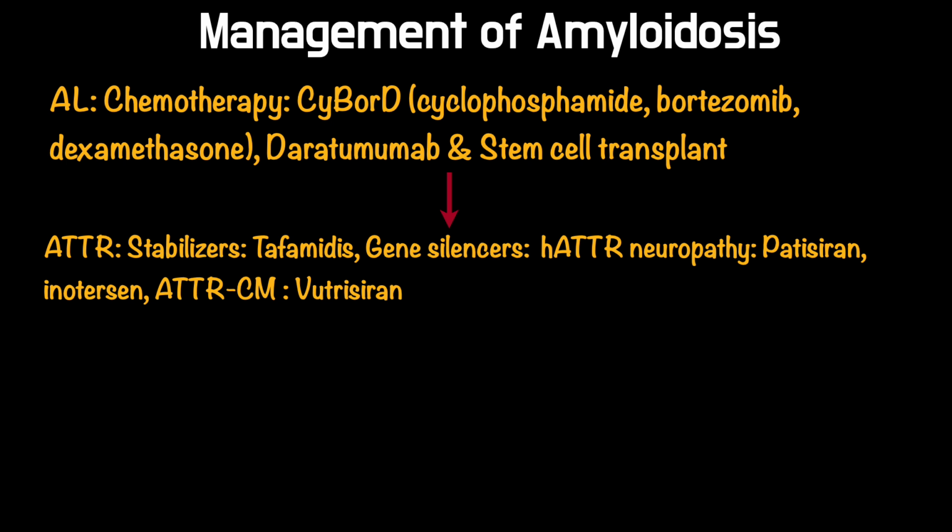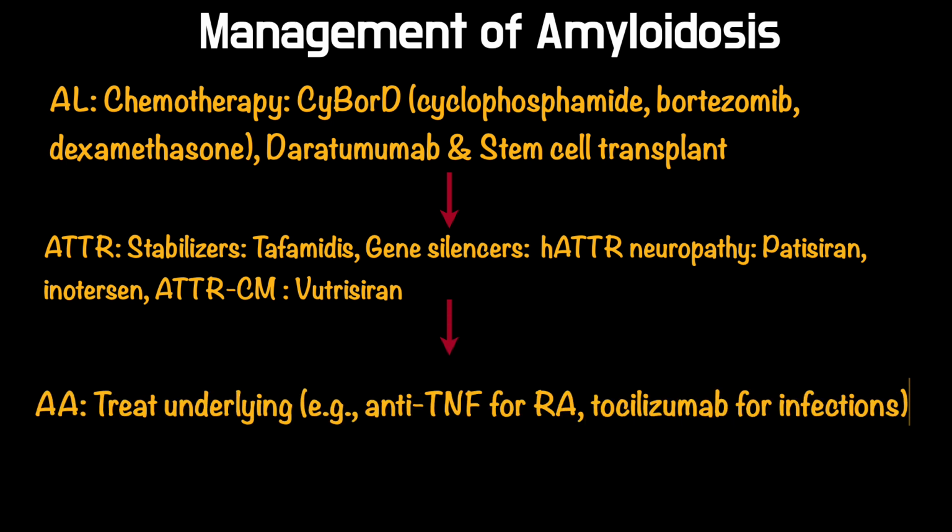In ATTR neuropathy you use patisiran or inotersen, or in ATTR-CM you use vutrisiran, which is a recently FDA approved drug, right? In AA type you treat the underlying condition, for example anti-TNF for rheumatoid arthritis, or tocilizumab for infections, right? So this is how you treat type specific amyloidosis.